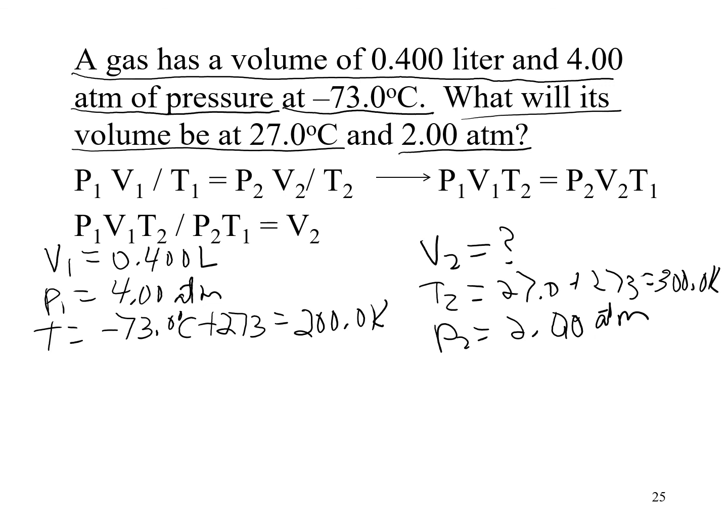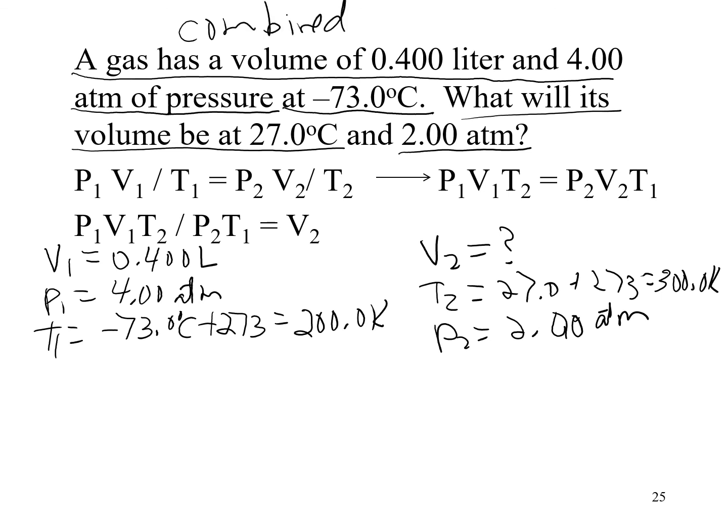Now, based on the information we're given, an initial volume, pressure, and temperature, and a final volume we're looking for, and given a final temperature and pressure, we know we're going to use the combined gas law.